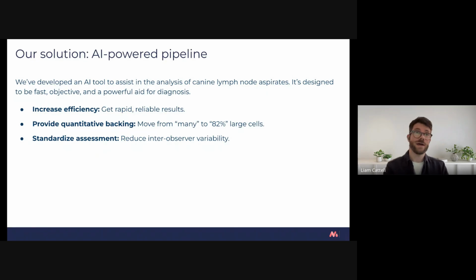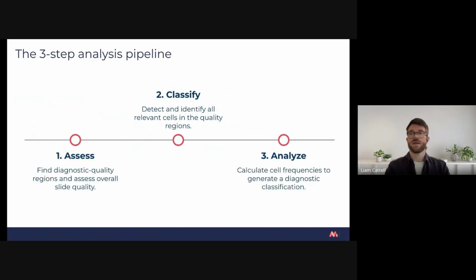But if you can do that, then you've standardized the assessment. And as an effect of that, you're reducing the inter-observer variability. So you will get consistent results, right? If you give this AI system the same image 5 times, it'll give you the same answer 5 times, which is maybe not always the case with veterinarians and specialists.